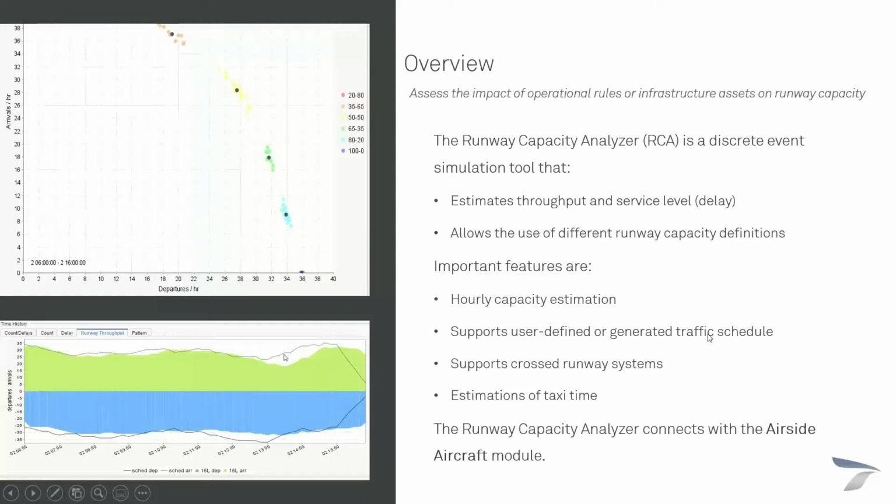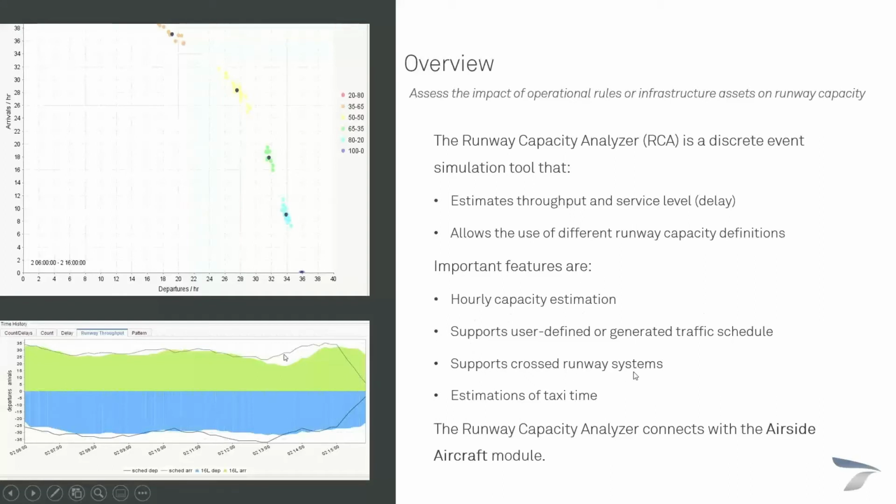Or if you don't have that schedule and you want AirTOP to generate the traffic itself, then that's also possible by telling AirTOP what's the percentage of heavy aircraft, medium aircraft or small aircraft, and also the percentage of a particular aircraft type. So you can start building your own traffic fleet within the tool if you don't have a design day flight schedule. So both options are possible.